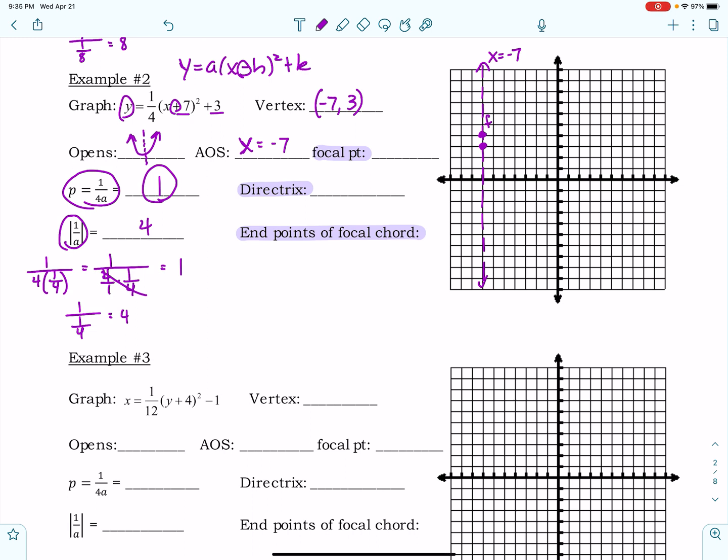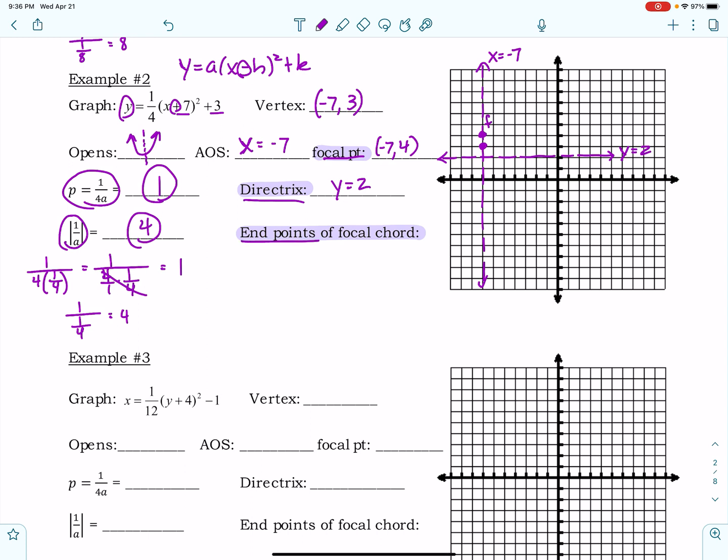And I know that my directrix, or sorry, let's go ahead and put our focal point here. So that's going to be -7, +4. And then my directrix, of course, is going to be 1 under the vertex. So there's my directrix at y equals 2. And then let's find our focal chord so we can get our endpoints here.